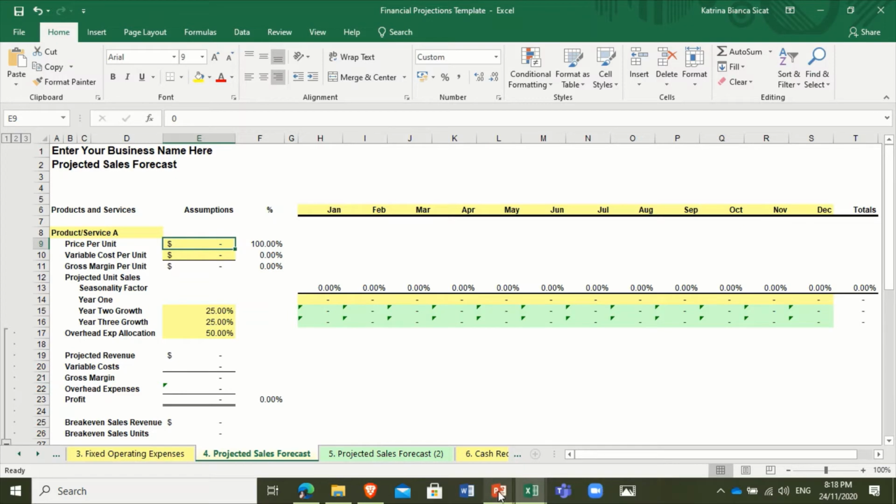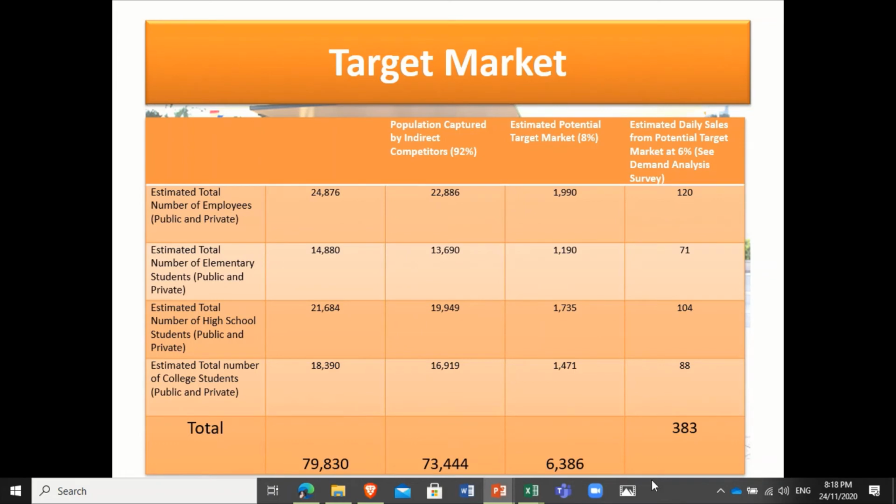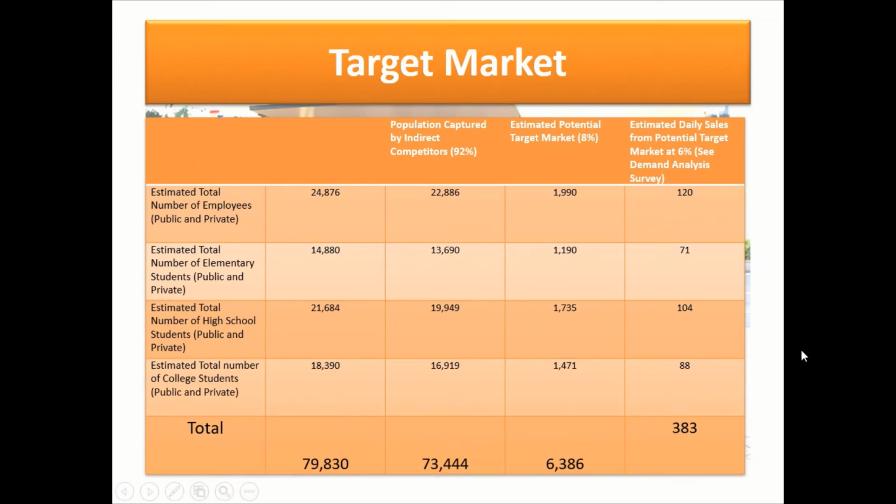I'm gonna show to you an example of a basis. Pwedeng maging basis ng inyong computation. Okay. Sige. Dun sa inyong marketing aspect, okay, if na-establish nyo yung target market nyo ng mahusay, usually I require my students to really get the census of the province.